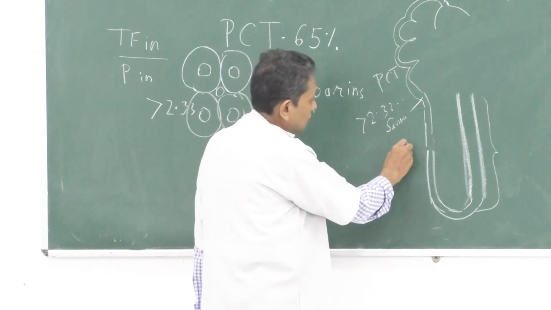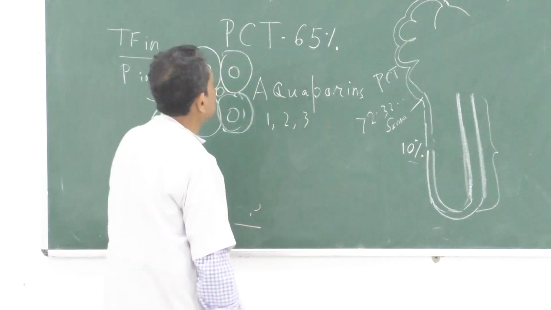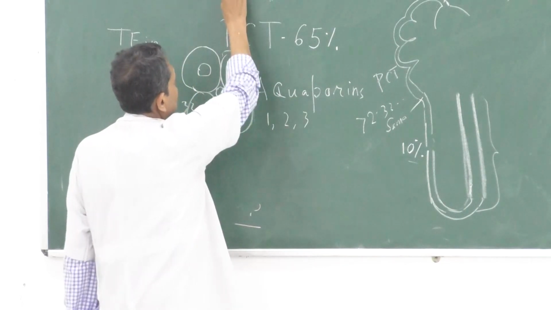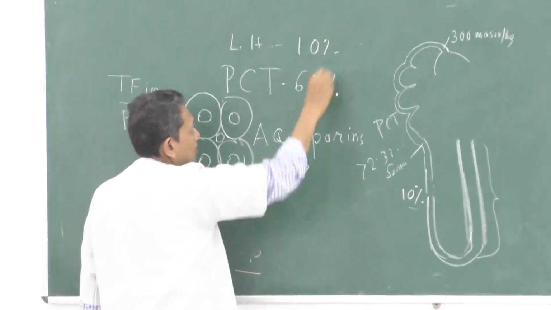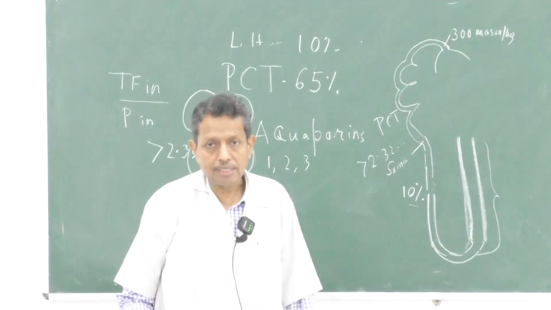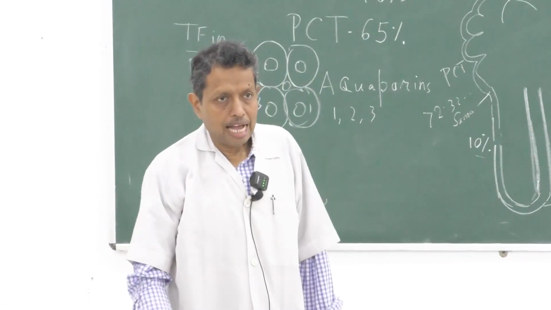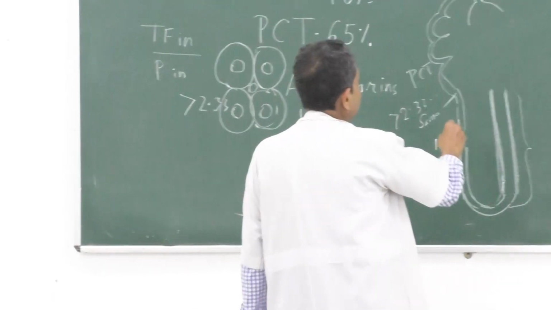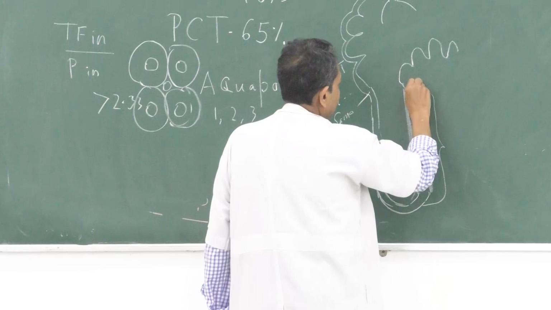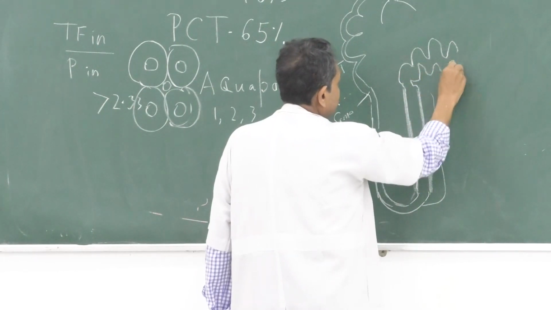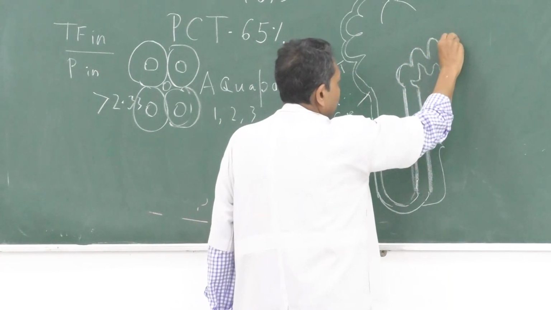And in the loop of Henle, 10% of the filtered load is reabsorbed. So locally 10%, so 75% is reabsorbed here. And the distal tubule, if you consider the distal convoluted tubule, it is extended, but permeability is not high.